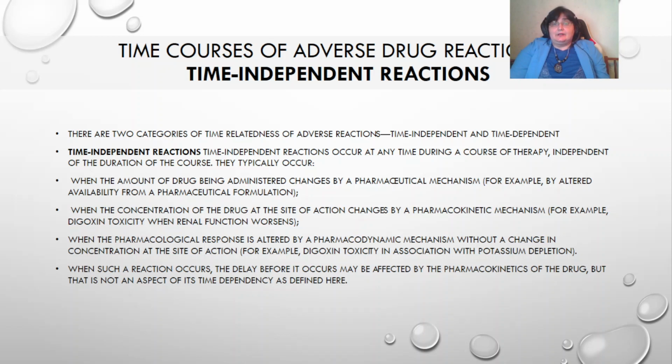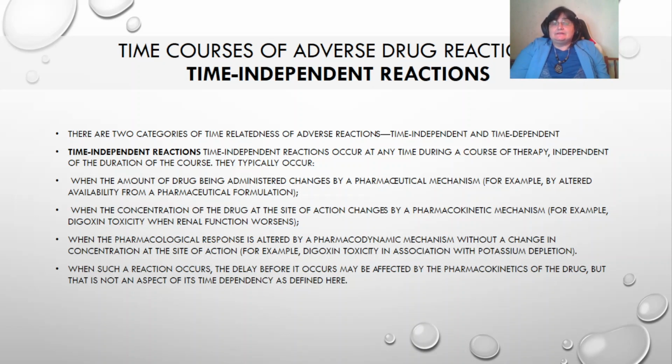They typically occur when the amount of drug being administered changes by a pharmaceutical mechanism, for example, by altered availability from a pharmaceutical formulation. Or when the concentration of the drug at the site of action changes by a pharmacokinetic mechanism, for example, digoxin toxicity when renal function worsens.